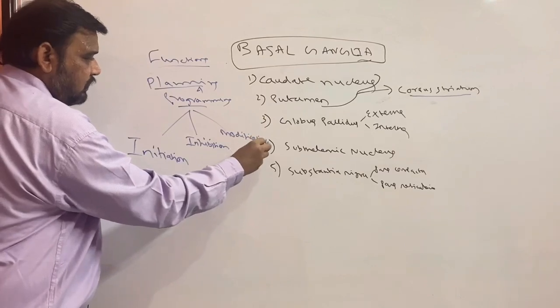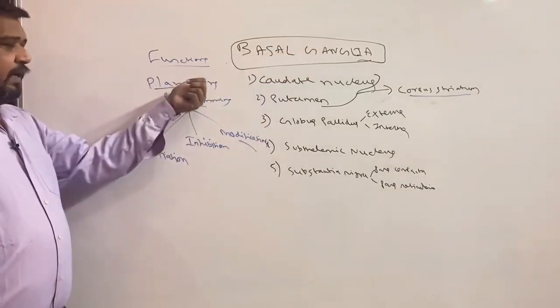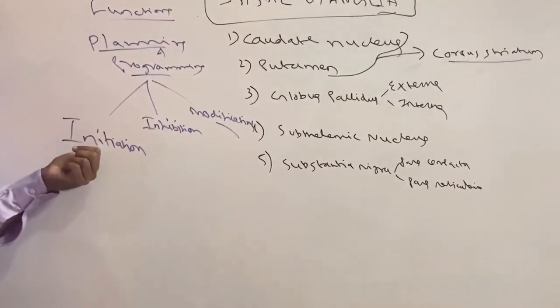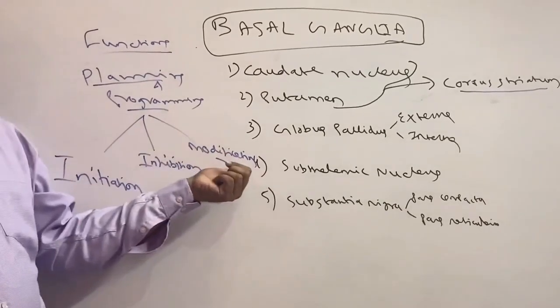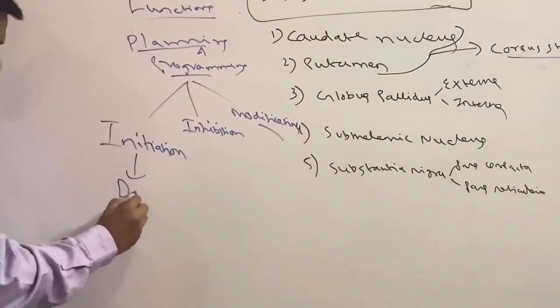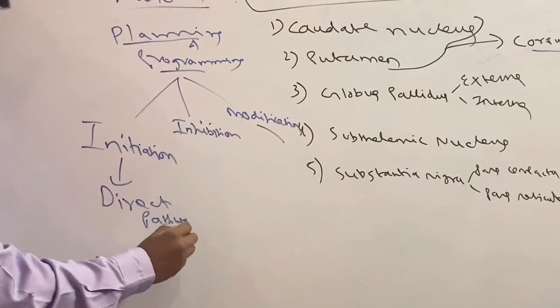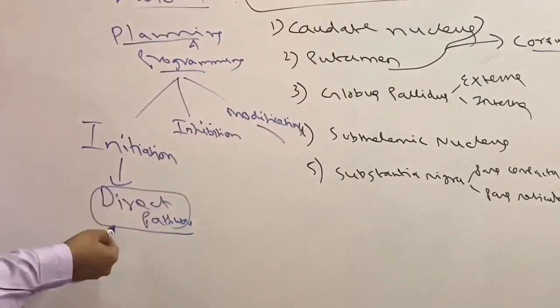I am trying to make it simple. The main function of basal ganglia is planning and programming of movements, which can be divided into initiation of movement, inhibition of movement, and modification of movements. For initiation of movement, I will explain the direct pathway, which involves some of these nuclei, that is, connections.